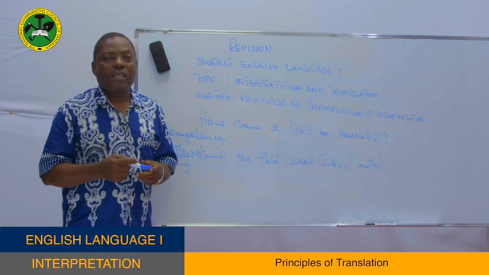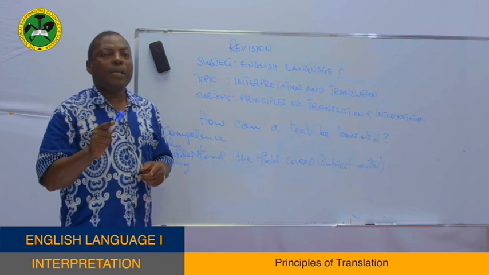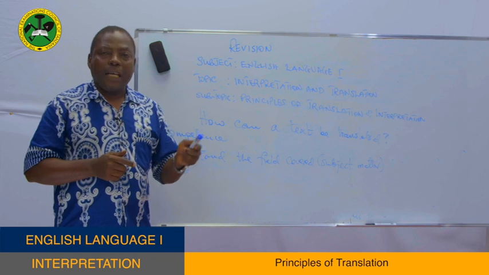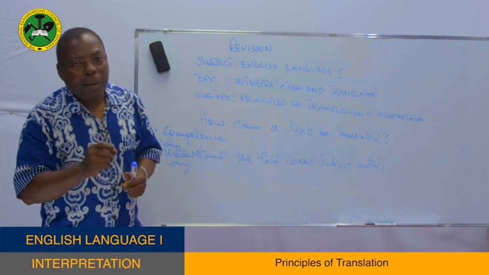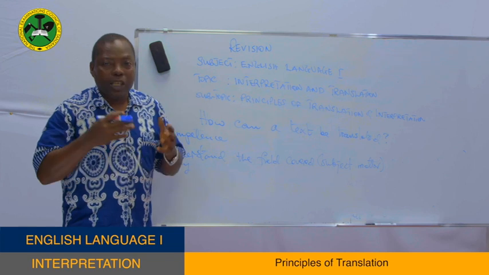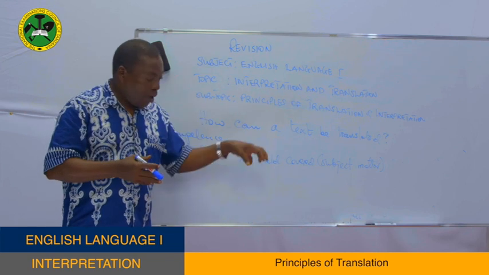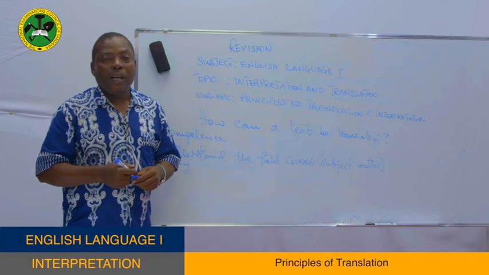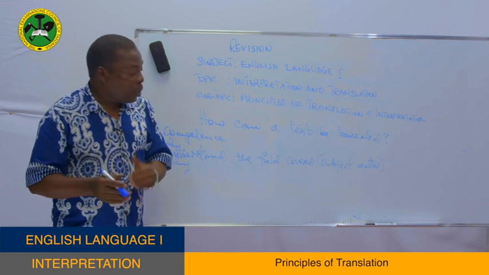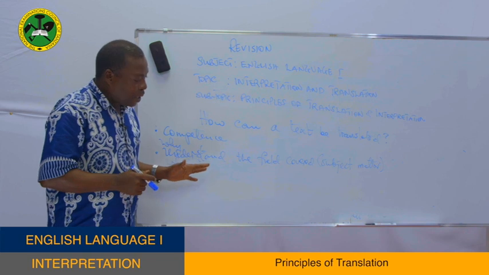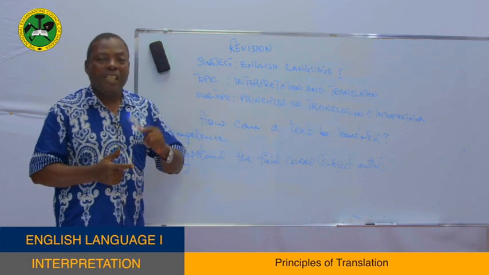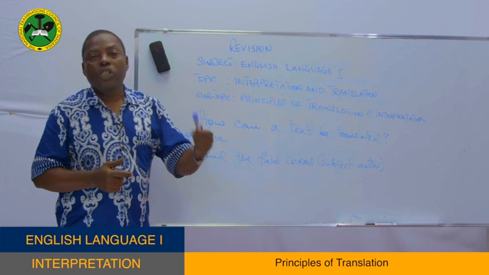It is obvious that this person might not be able to translate the text because there would be some technical expressions and or some other expressions in that field that this person has not understood. So this is the reason why we are saying a person has to understand the field covered or the subject matter that he or she is going to translate.